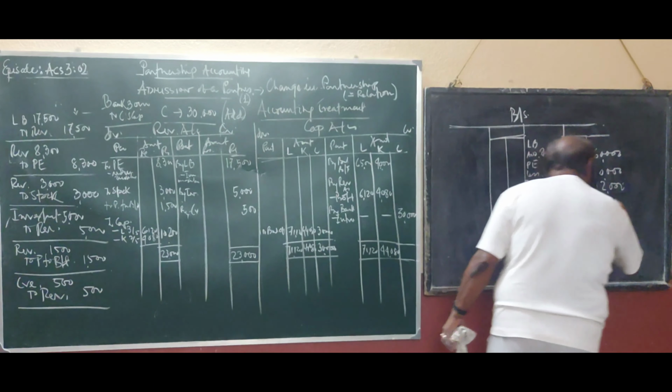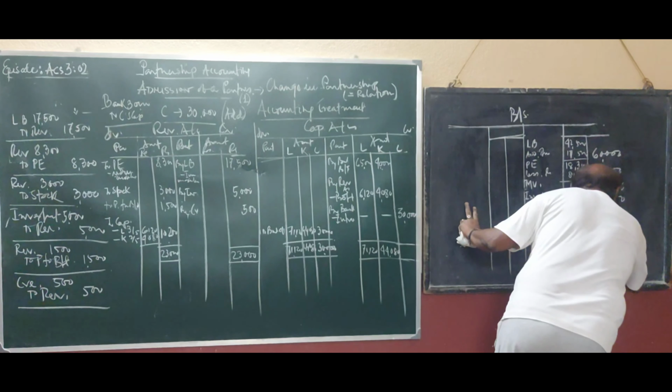Okay. Now sundry debtors. Sundry debtors कितना है बाबू? Sundry debtors है 24,000. Sundry debtors 24,000 है और हम लोगों को प्रोविजन कितना था? 2,000 and it has been enhanced by rupees 1,500. So ये होगा 3,500.